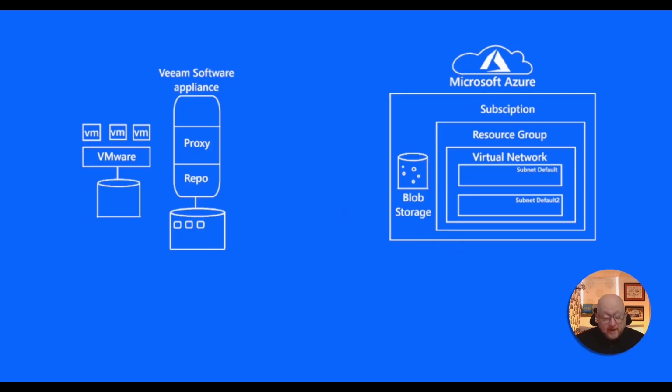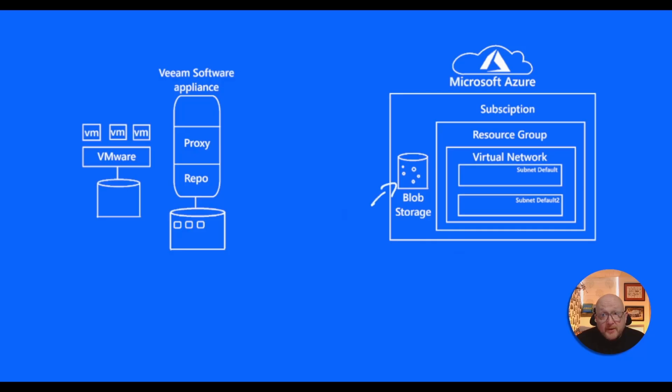So you can see here we have the same as we have in the lab. We have on the left hand side our local VMware environment, and on the right hand side we have our Azure representation. We have a backup of the same local 3 virtual machines in the local repository, and we also have a copy over in the Azure Blob repository.